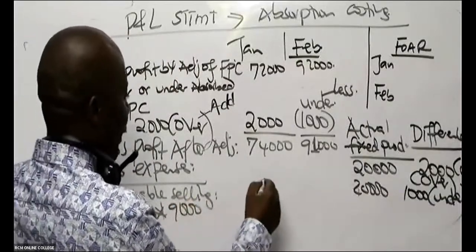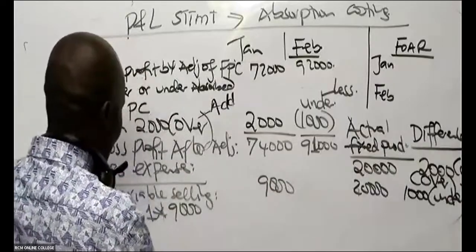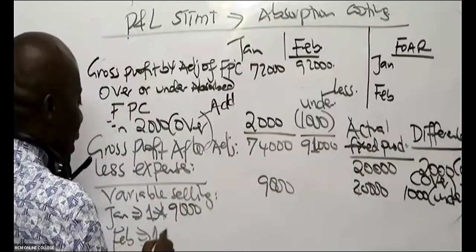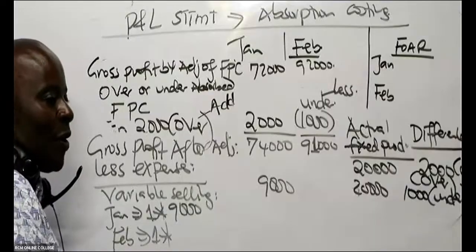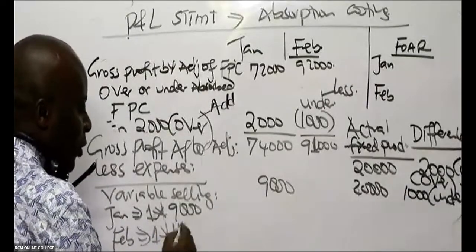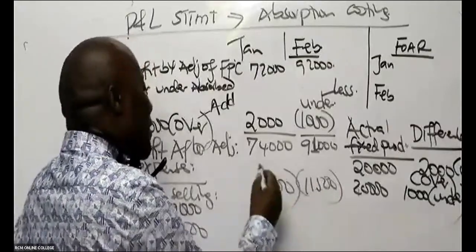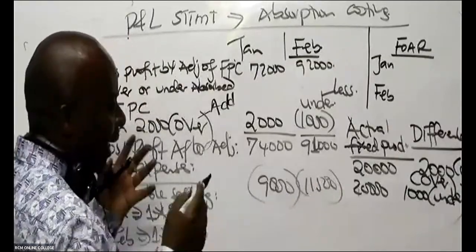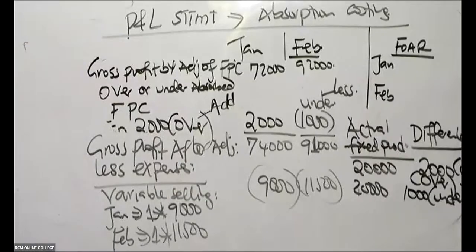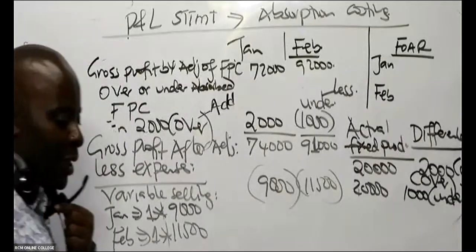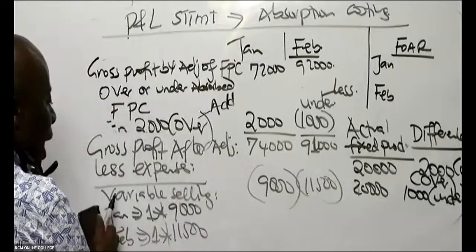So then this will give me 9,000, isn't it? And then February, it will be still 1 times how many units did we sell in February? 11,500, which gives me 11,500. These are expenses. Don't again start arguing like, should I subtract? Expenses are always subtracted.